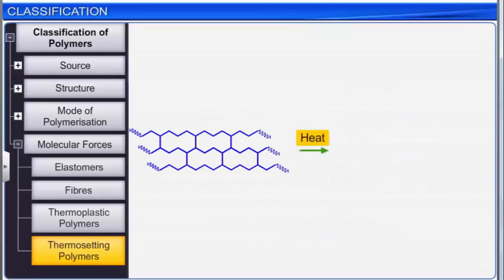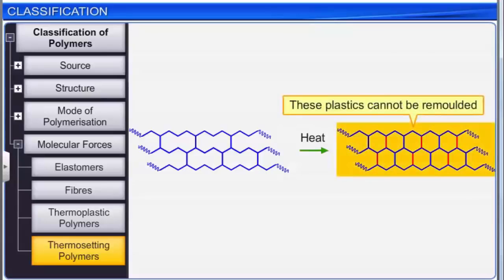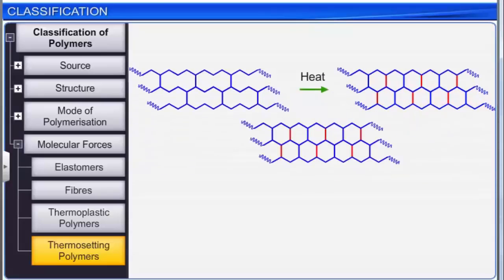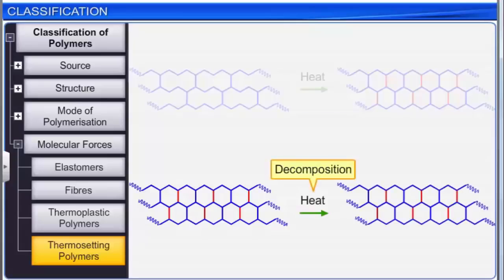When heated, they form extensive cross-linking. As a consequence, these plastics cannot be remolded. Additional heating causes a thermosetting polymer to decompose, as the chains are unable to separate. Instead, bonds break.